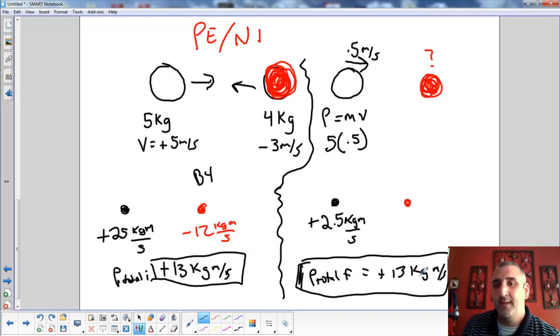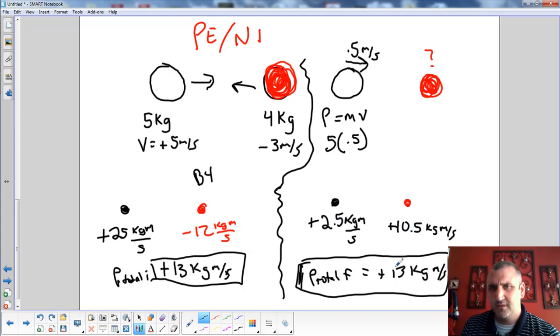Well, how do we figure that out? You subtract 2.5 from 13. Because if you know the total is supposed to be positive 13, and you're already 2.5 there, what do you need to make up the rest of it? And the answer to that should be 10.5 kilogram meters per second. So last time I checked, unless my math is no good, 10.5 plus 2.5 gives me 13.